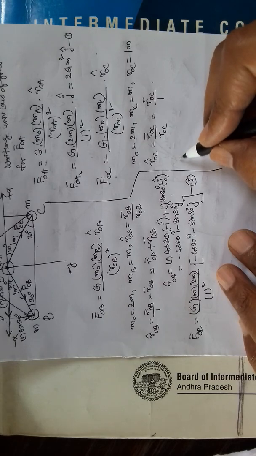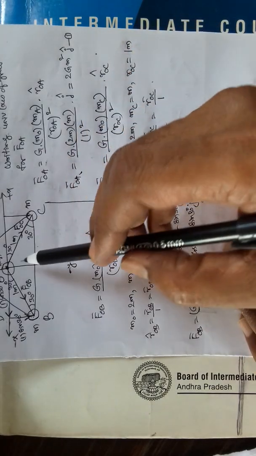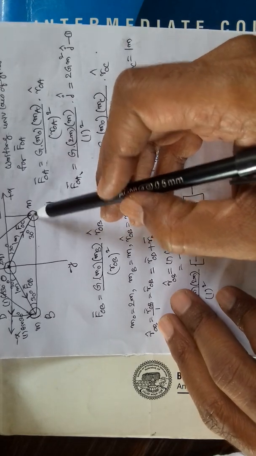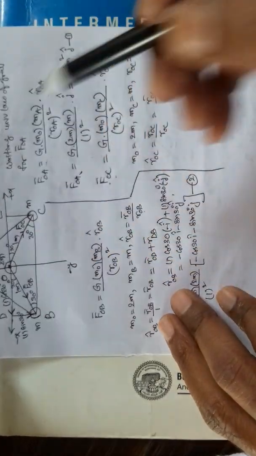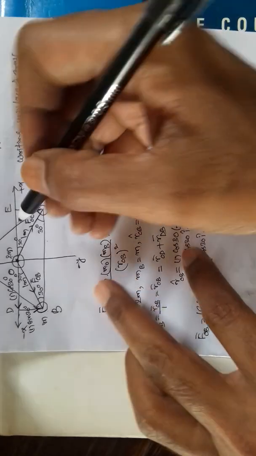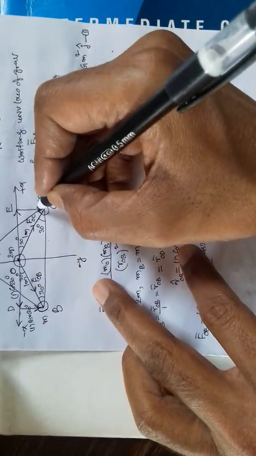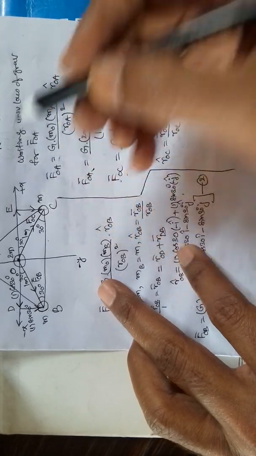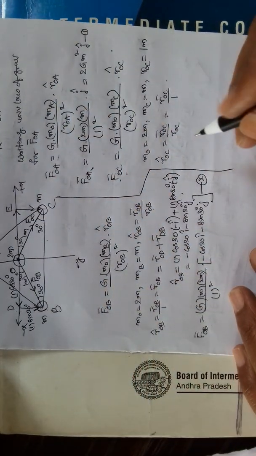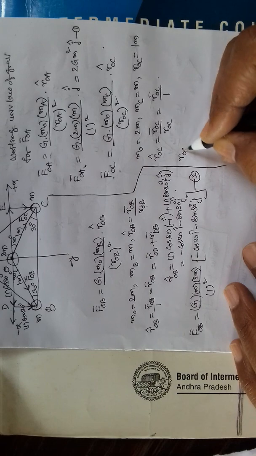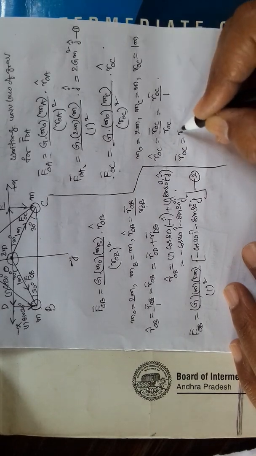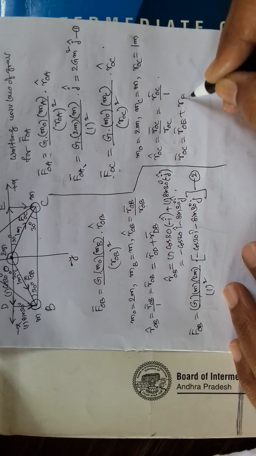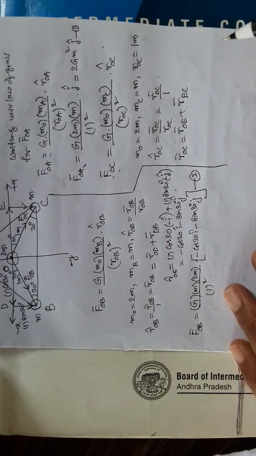Now here this ROC is nothing but the sum of ROE plus REC.